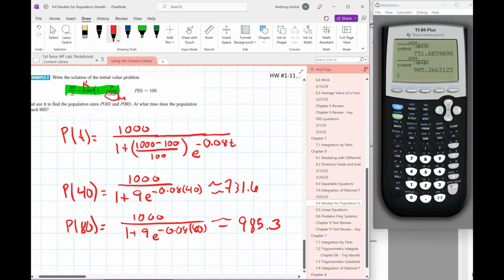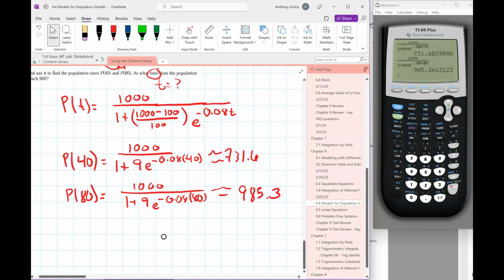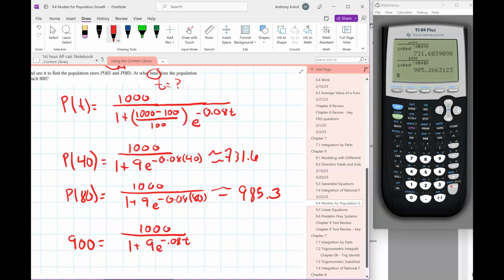And then it says at what time, so we're solving for t here, does the population reach 900? Well, I already know it's somewhere between 40 and 80, right? But to solve this algebraically, I have this.